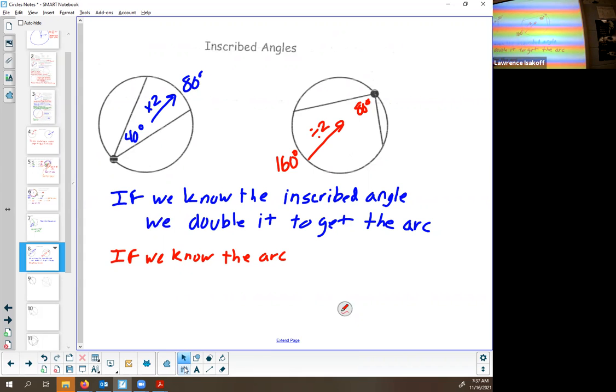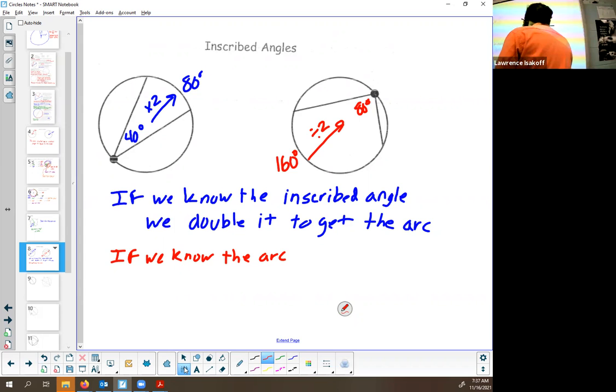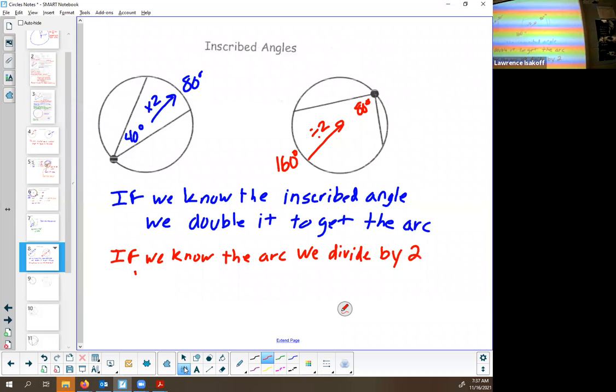So if we know the arc, we divide by 2 to get the inscribed angle.